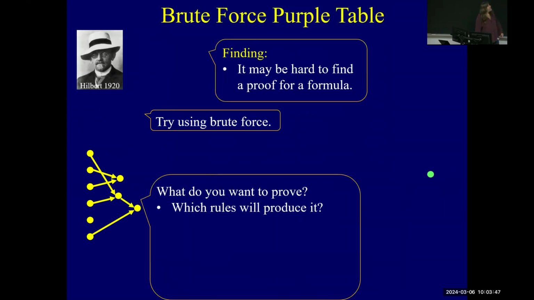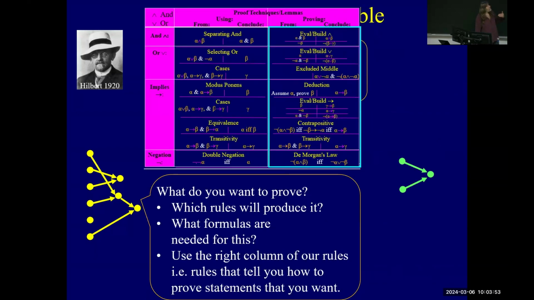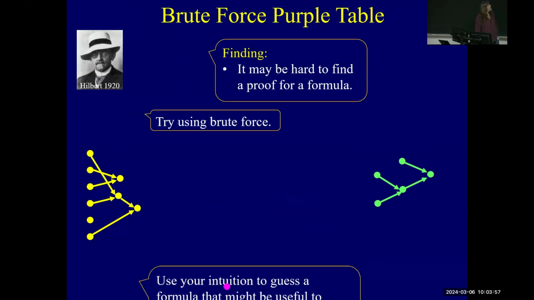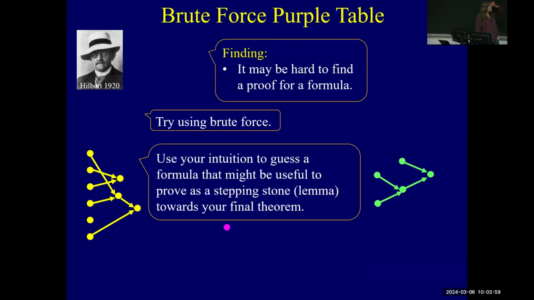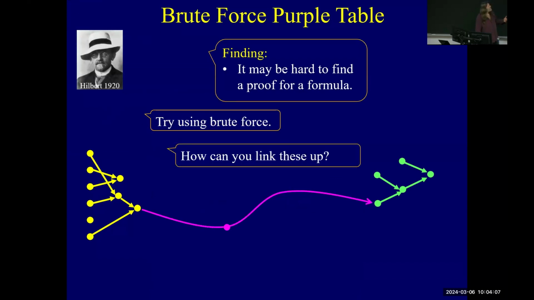And the other idea is that we have what we're looking for, we know what we need, and we brute force backwards from that. Everybody remember those things? And there's also the idea of having some intuition and jumping in the middle with some statement that you feel is useful, and then it helps you join up, right?